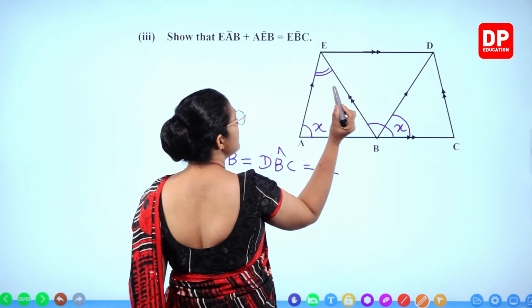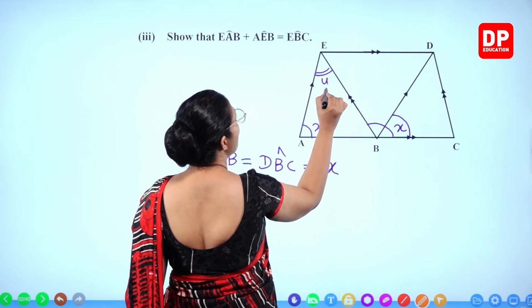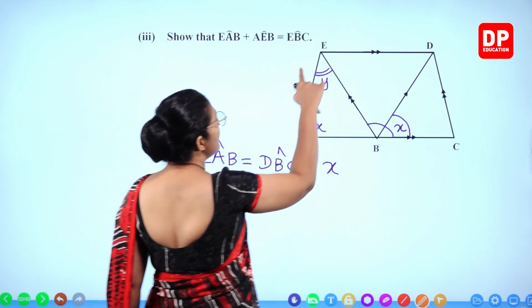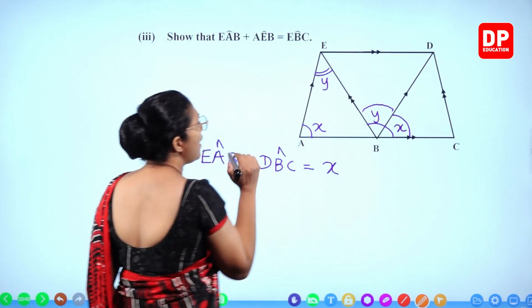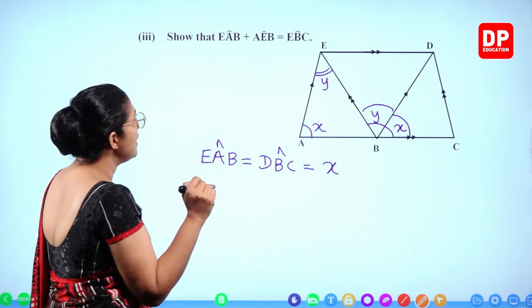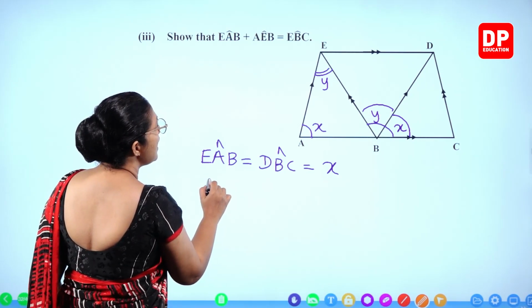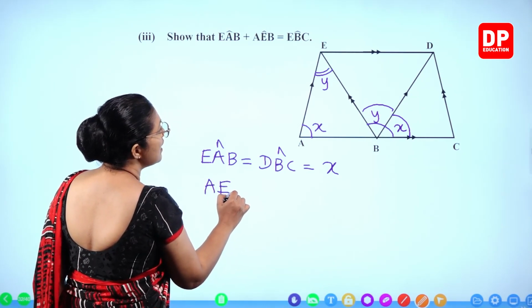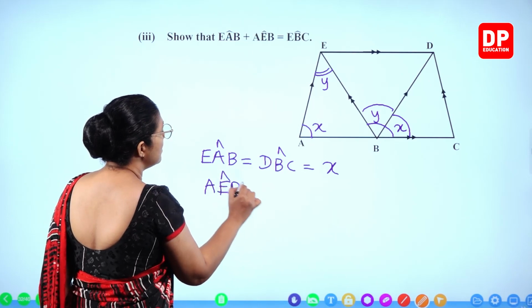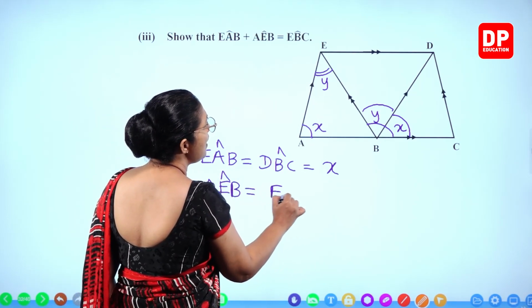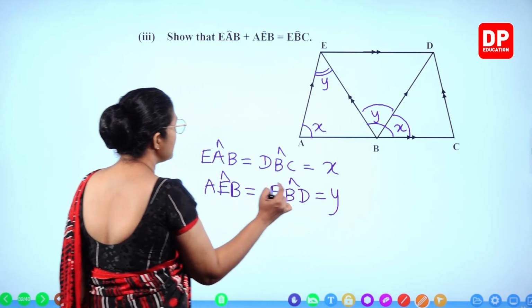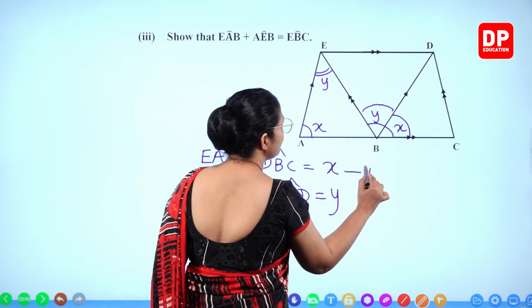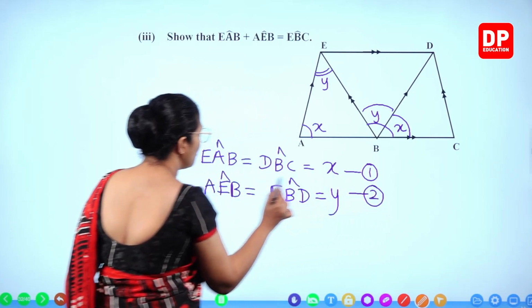And if you take this one as Y, this angle and this angle both are equal because these two lines are parallel. Alternate angles are equal. So you can write AEB angle is same as EBD angle, that's Y. Let's add these two, 1 and 2.